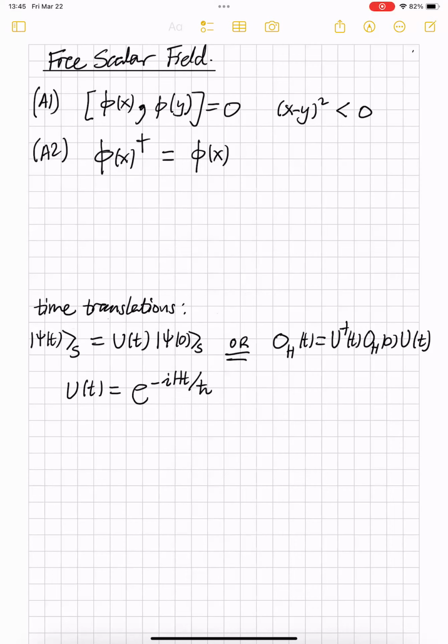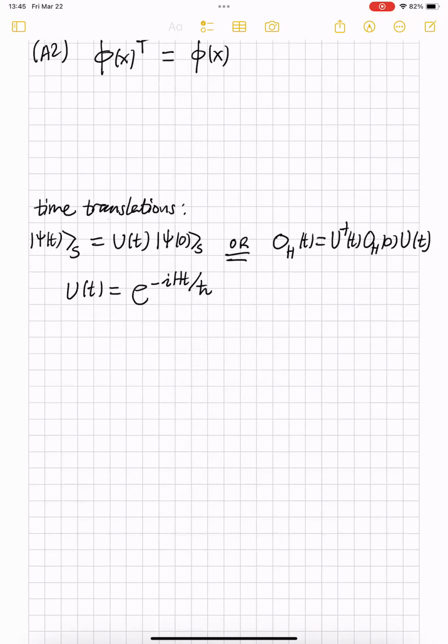What I want to do now is study spatial translations. So how do I translate in space? Here is my basic claim, and then I'm going to try to justify this claim to you.